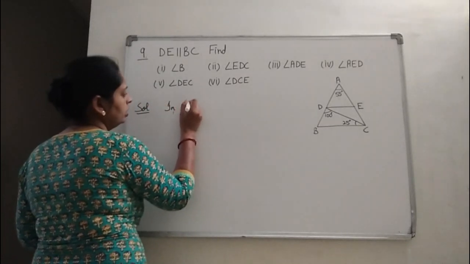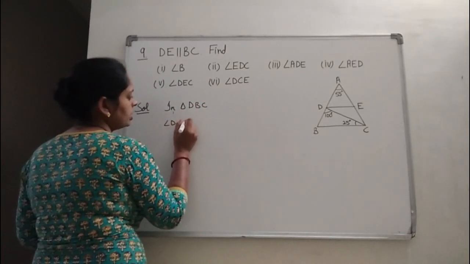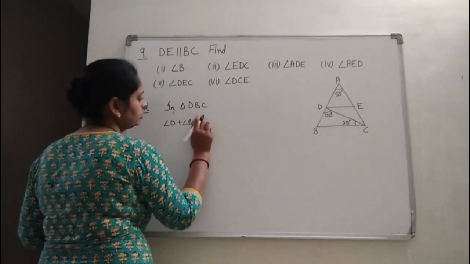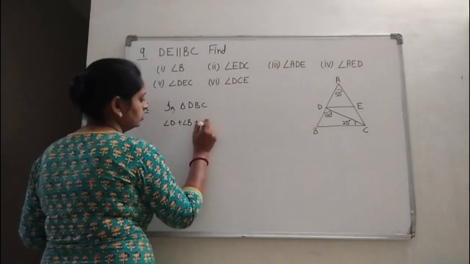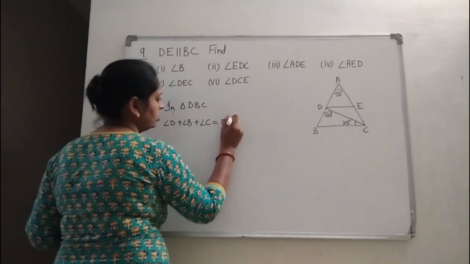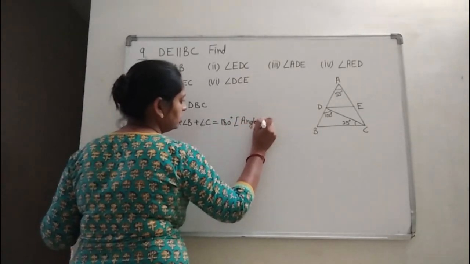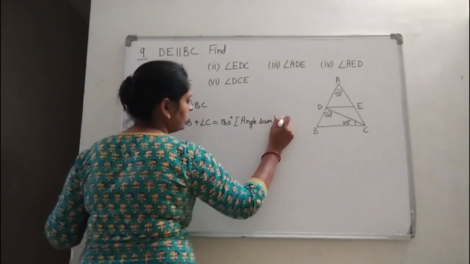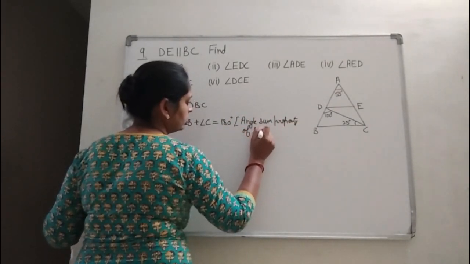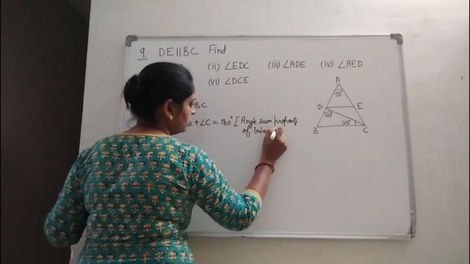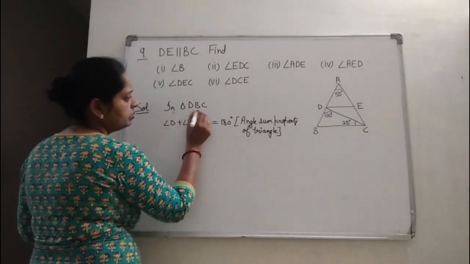So in triangle DBC, angle D plus angle B plus angle C will be equal to 180 degrees. Angle sum property of triangle. So the measurement is given in triangle DBC.